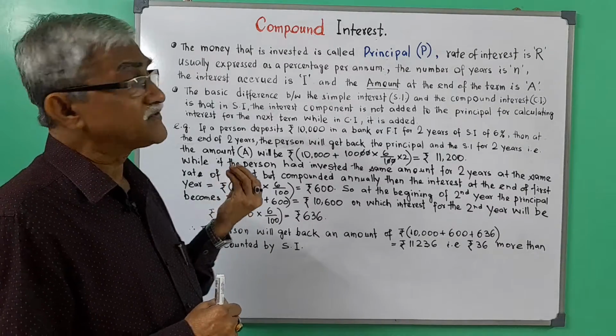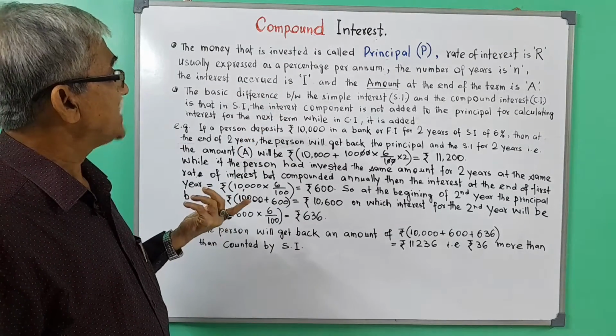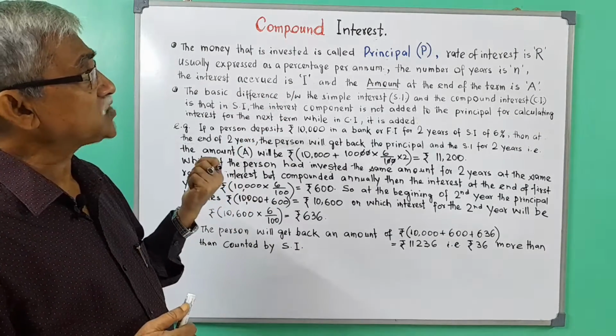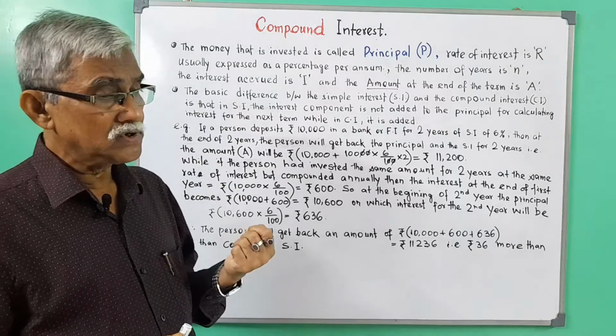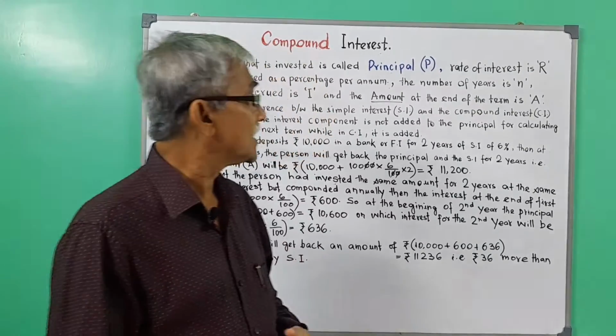Now the money that is invested is called the principal, or that can be borrowed also. Now rate of interest is R, which is usually expressed as a percentage per annum.